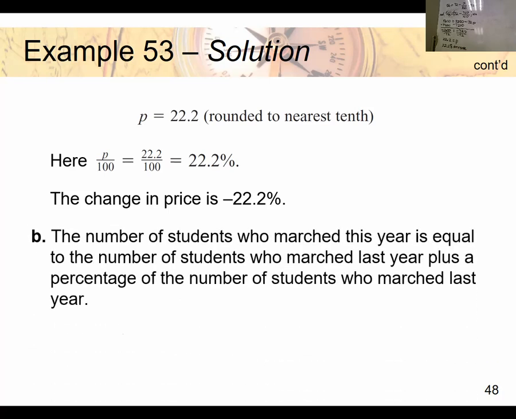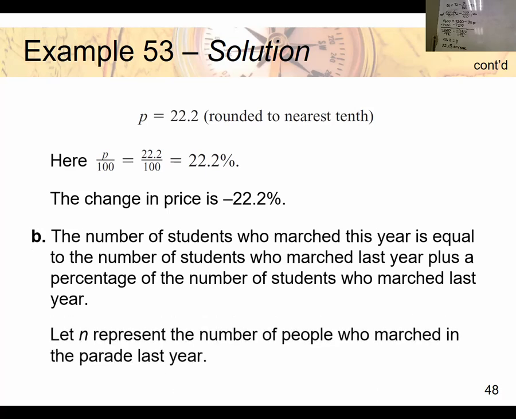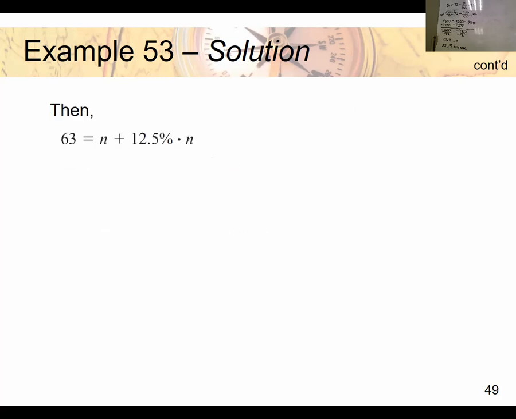All right, now this is part B. Where you've got the number of students who marched this year is equal to the number of students who marched last year plus a percentage of the number of students who marched last year. So in this case, we're letting N represent the number of people who marched in the parade last year. And that would be the formula that you'll have to set that problem up as.